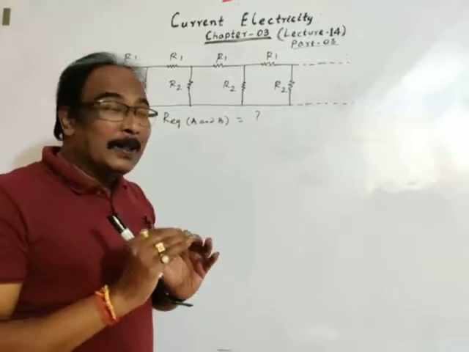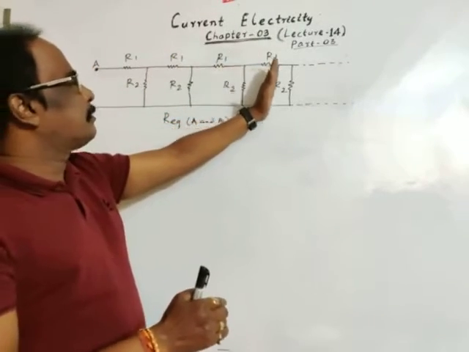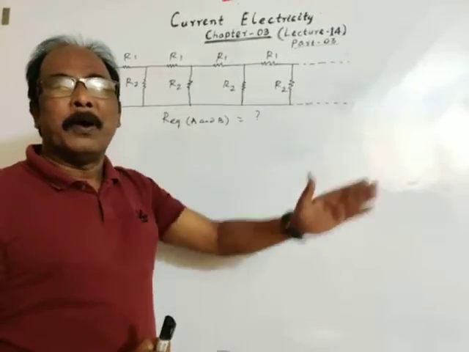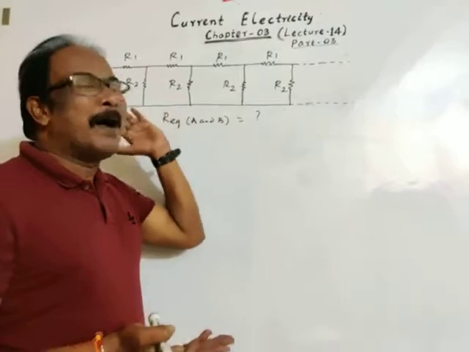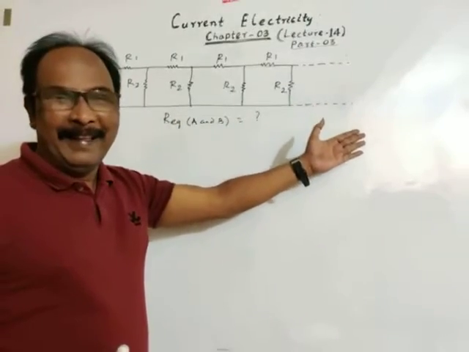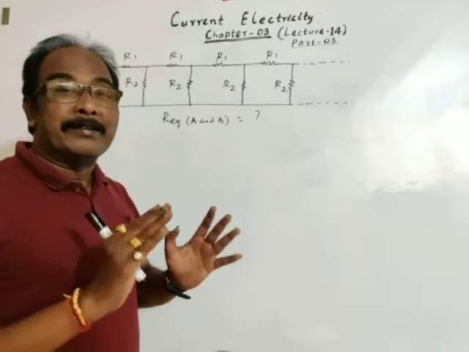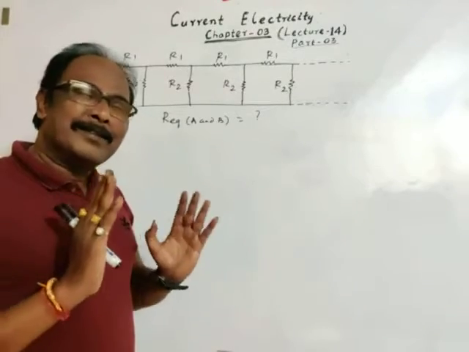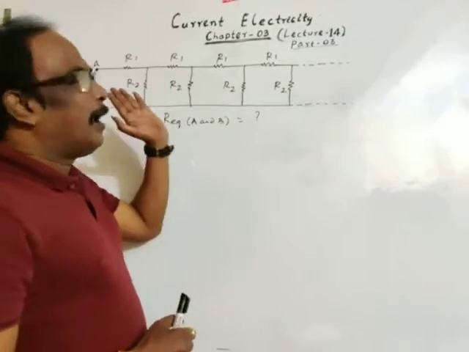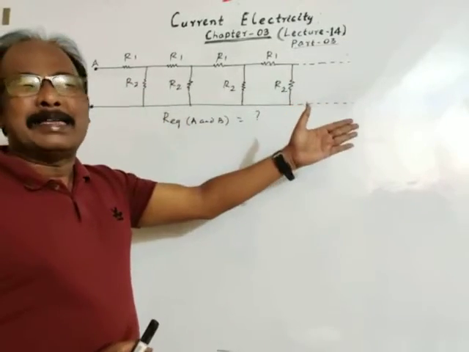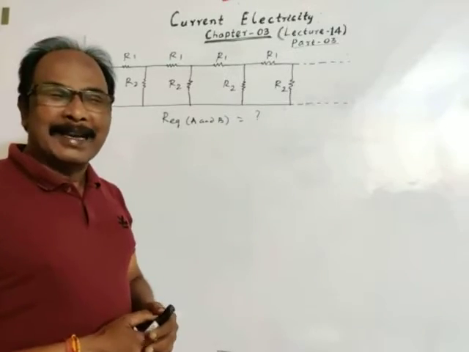All the sets, set 1, set 2, set 3, set 4, and so on, are similar. The arrangement pattern of resistors is similar. These are sets up to infinite, infinite sets are there. We have to find equivalent resistance.